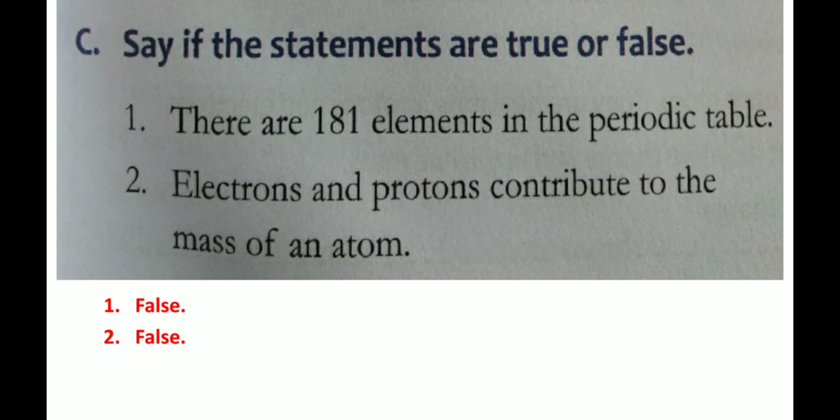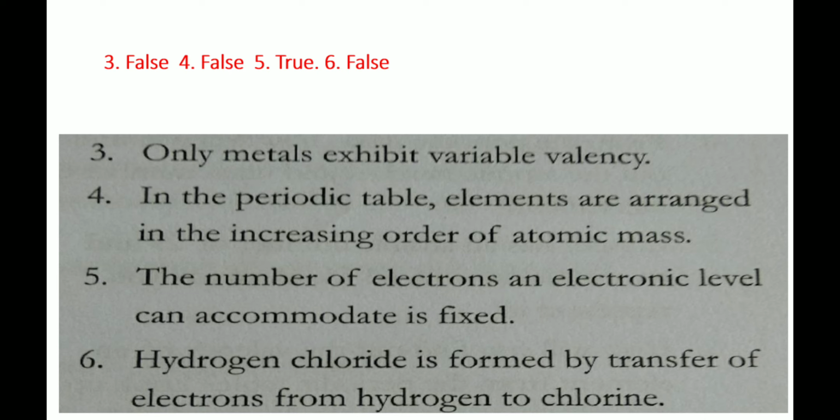The correct statement is neutrons and protons contribute to the mass of an atom. Now the third one, only metals exhibit variable valency. This statement is false. The correct statement is metals as well as some non-metals exhibit variable valency.